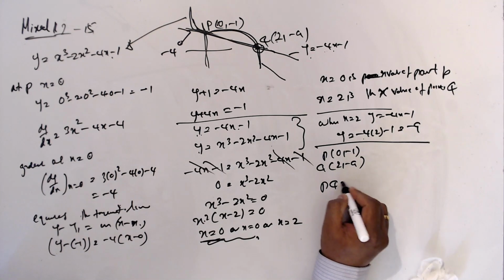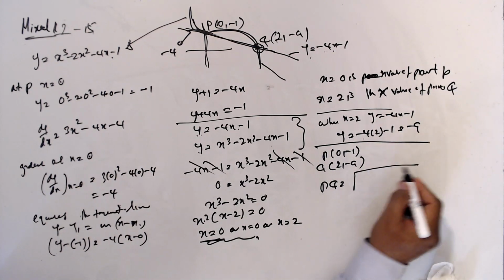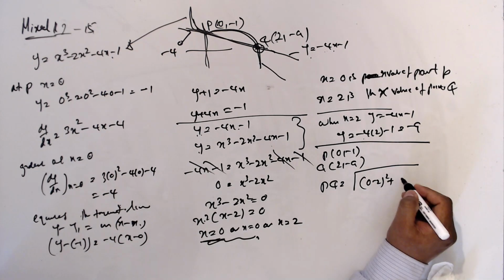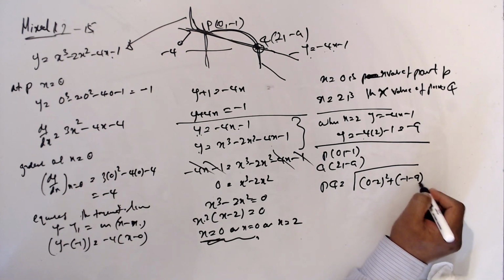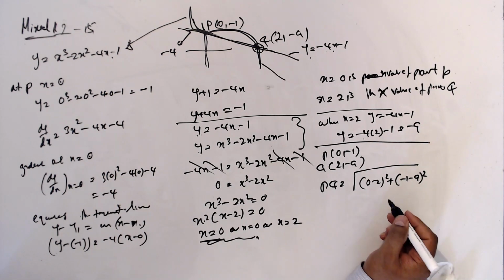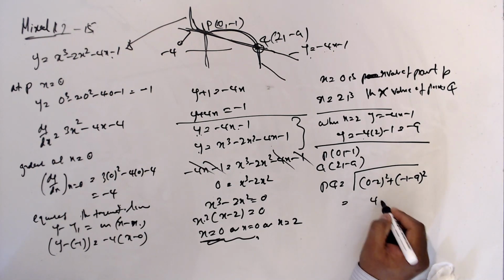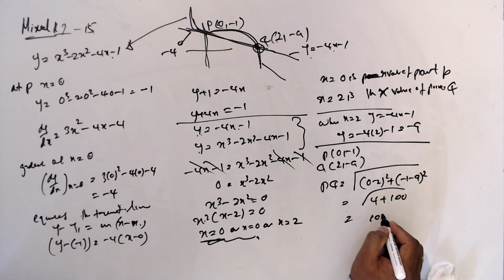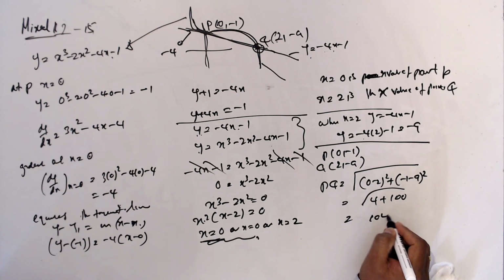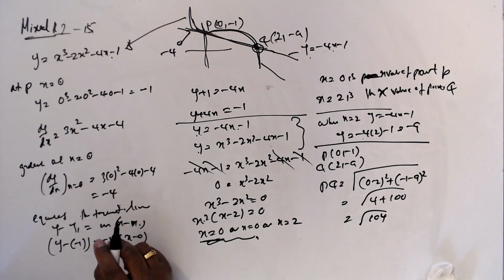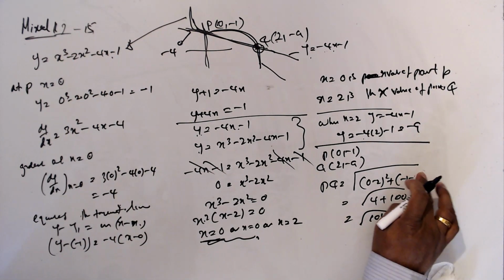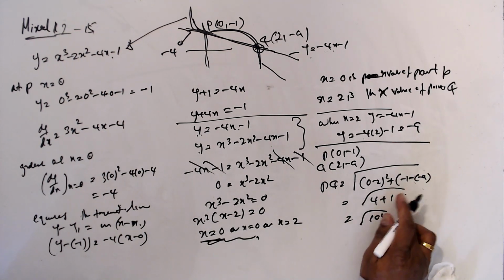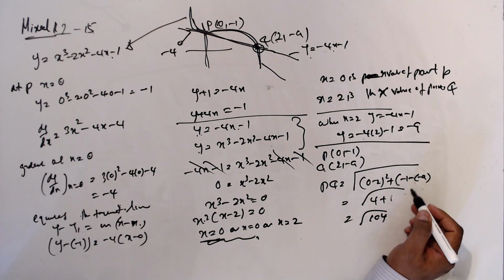Now the PQ distance is the square root of (2 minus 0) squared plus (minus 1 minus 9) squared. So this is 2 squared, 4, plus 10 squared, 100. So 104. Let me check again. This is wrong. So minus 1 minus 9, this value is going to be plus 8.